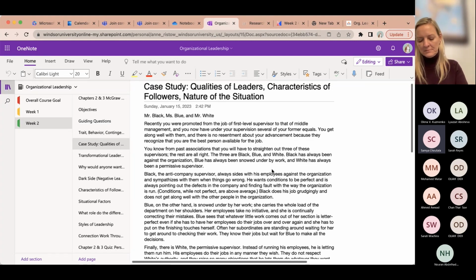Then when it comes to Miss Blue, I believe that she really needs to let her team take initiative sometimes, because she's taking all the load herself and not letting her team work on their tasks. I would ask her to give her team more independence, and maybe training, or just a few sessions with her would be helpful.